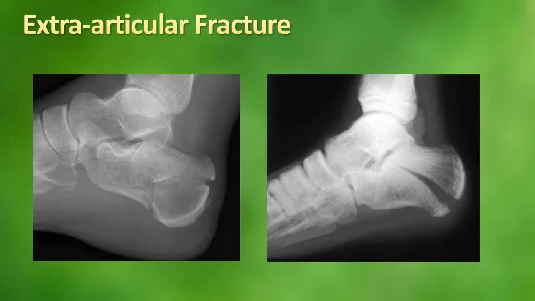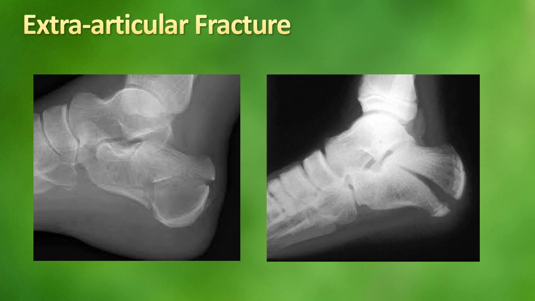Now, the other way of classifying these calcaneal fractures is extra-articular types and intra-articular types. Here, articular means the joints which are formed by the calcaneum. As you must be aware, the calcaneum takes part in the formation of the talocalcaneal joint, which is also known as the subtalar joint, and the calcaneocuboid joint.